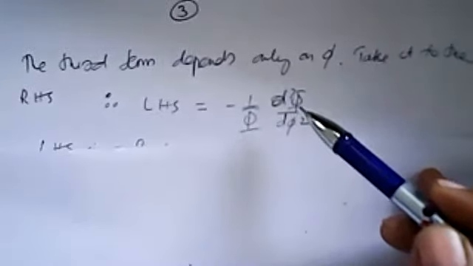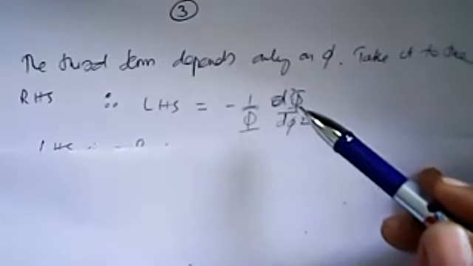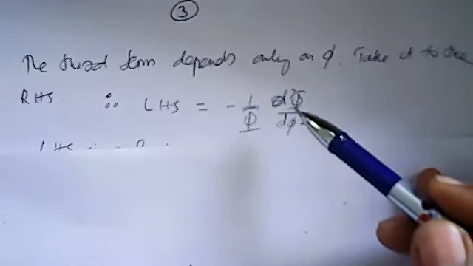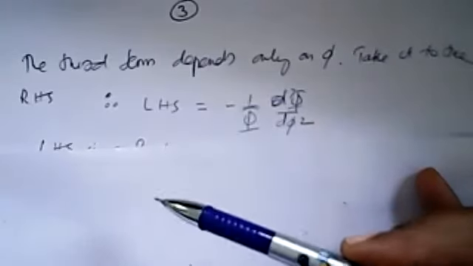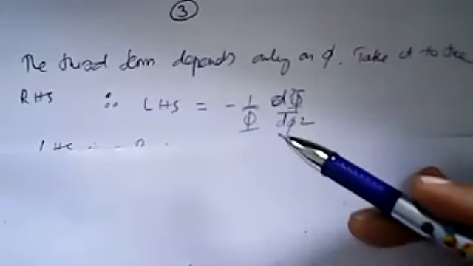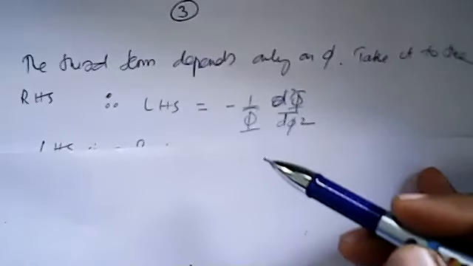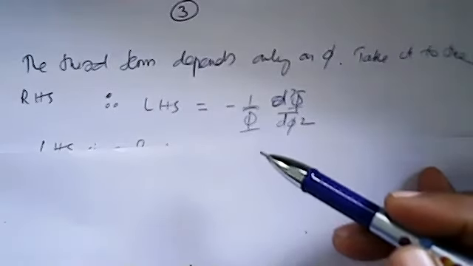So this is an advantageous position. At this point we can say that LHS depends on R and theta, RHS depends only on phi. So for this to be true, both sides should be equal to the same constant. That is the idea we are going to use. Is the idea clear?